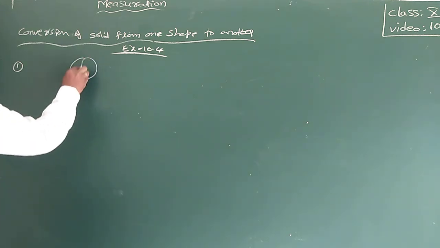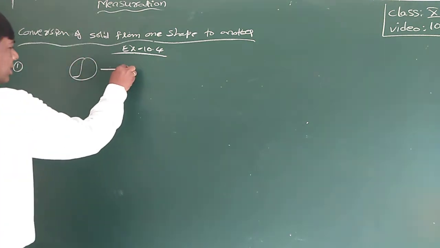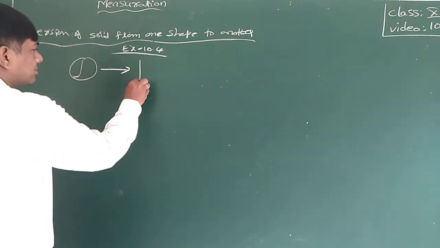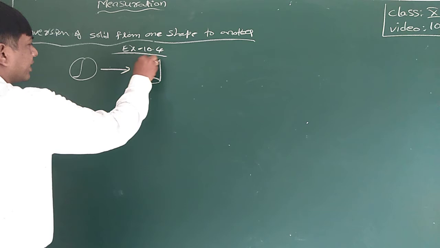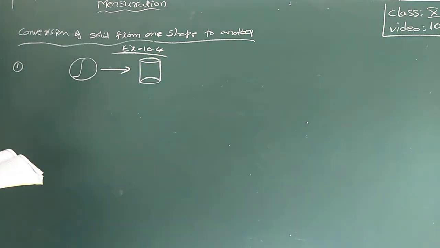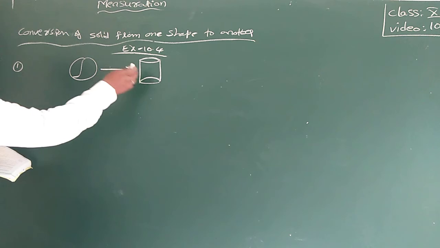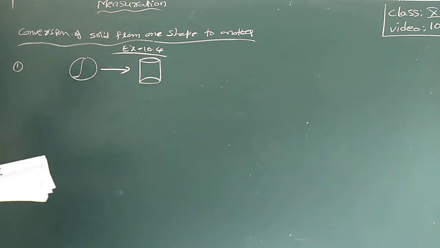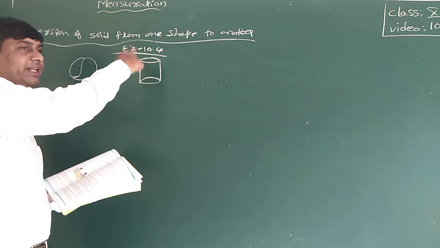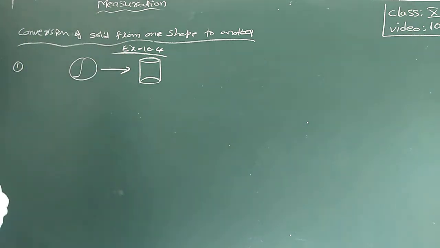This is a sphere you are going to convert into cylinder shape. The radius of the sphere is given, the radius of the cylinder is given, and now they ask us to find the height of the cylinder.